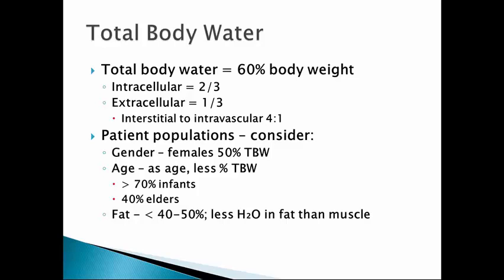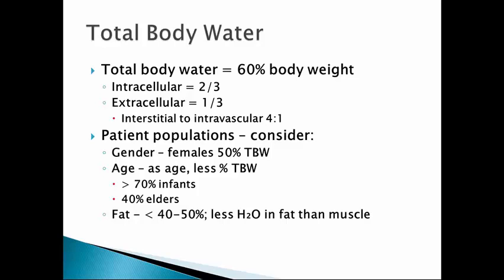But as we get older, our total body water percent begins to decrease, so that by the time we are elderly, and when we're talking about elderly, this starts in the 60s and on into the 70s. So our frail elders in their 80s and 90s may only be about 40% total body water.